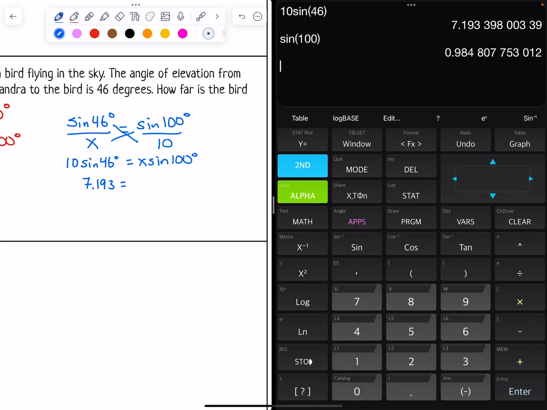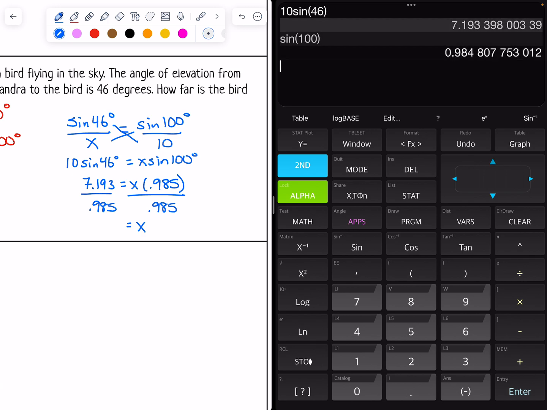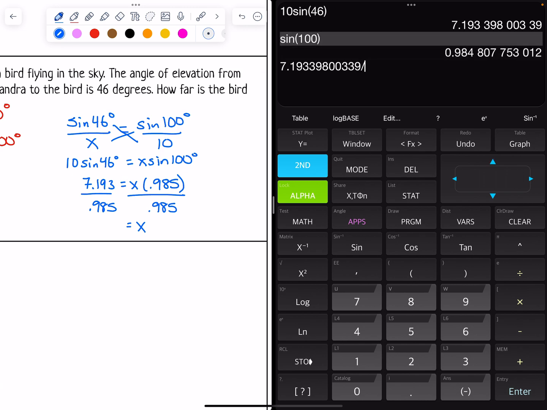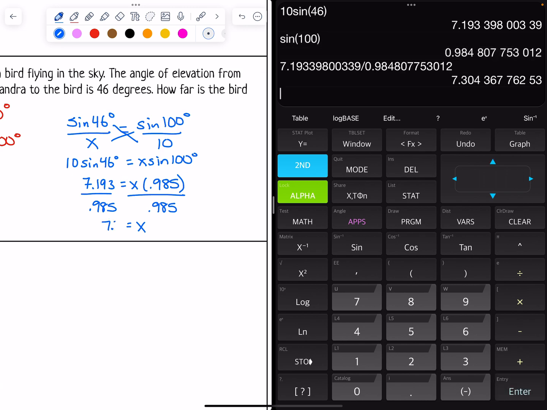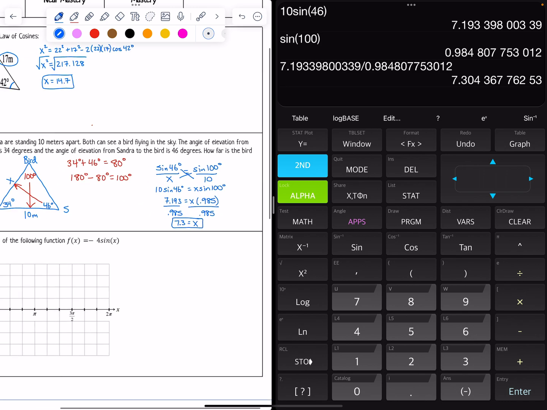So that's 0.985. So x times 0.985, and then to solve for x, I just need to divide out the 0.985 to get x by itself. So in your calculator, you can go grab that first number, so you don't actually round it off, which is always good, and divide by the second number, and I get pretty much 7.3 for the distance from Jordan to the bird.